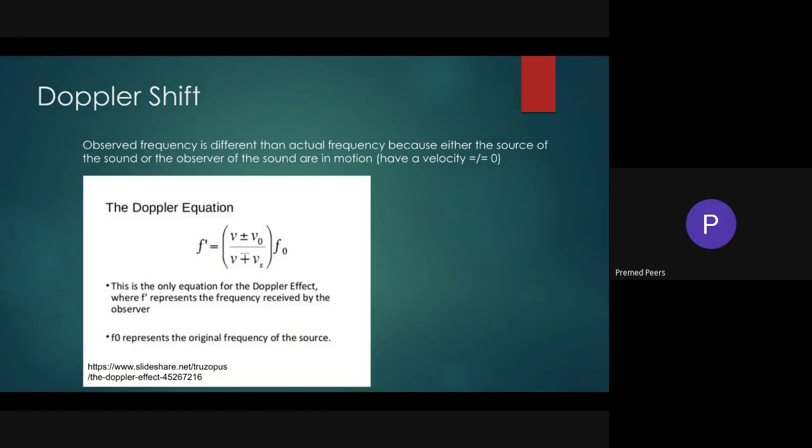Use positive VS when it's coming towards you, and then negative when it's going away from you, the observer. So then your denominator would be getting bigger when it's going away from you. So this overall term is getting smaller, which means your f prime, your observed frequency, is less than your actual frequency.